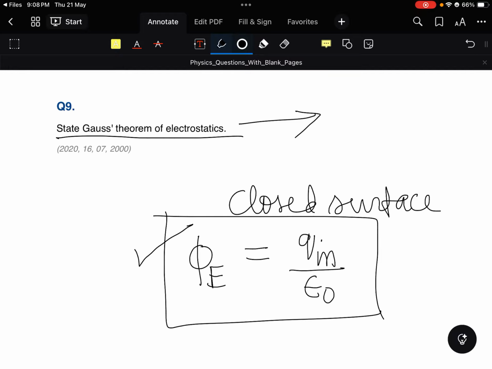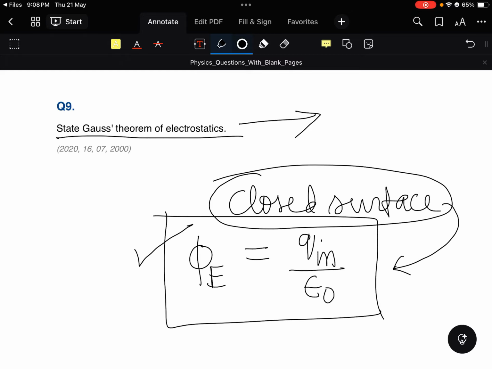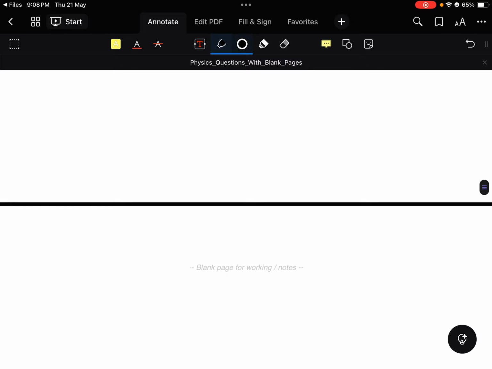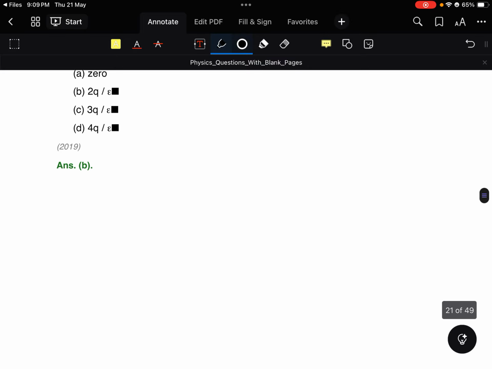In the language form also you write electric flux enclosed by the closed surface, because these are the qualitative terms which do not reflect from the formula. So you have to write the statement also. Electric flux enclosed by a closed surface is equal to total charge enclosed by that closed surface.